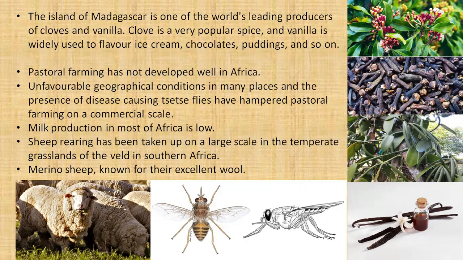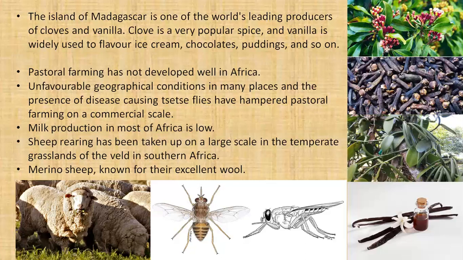Because of all this, milk production in most of Africa is very low, and all these things affect pastoral farming. Even so, sheep rearing has been taken up on a large scale in the temperate grasslands of the Veld in South Africa.